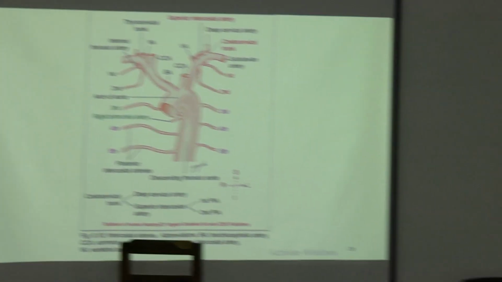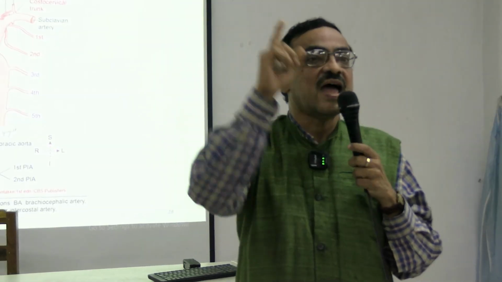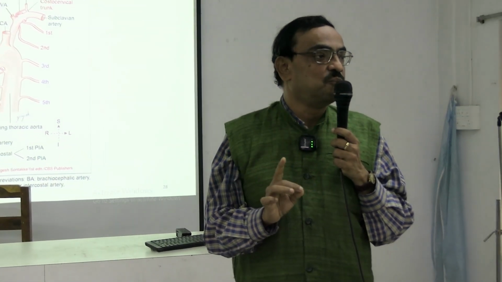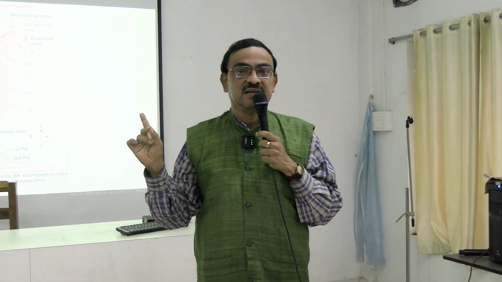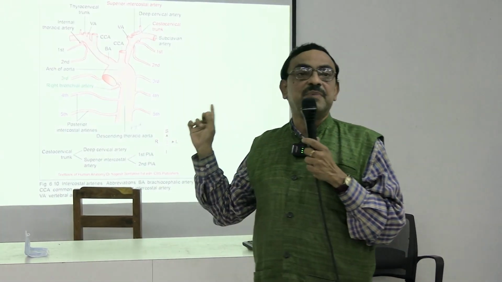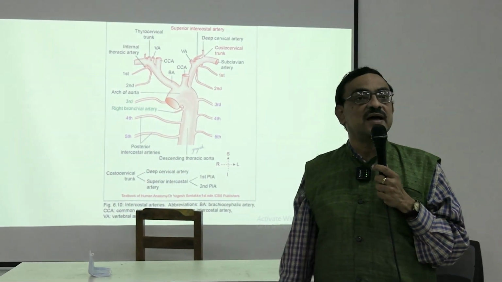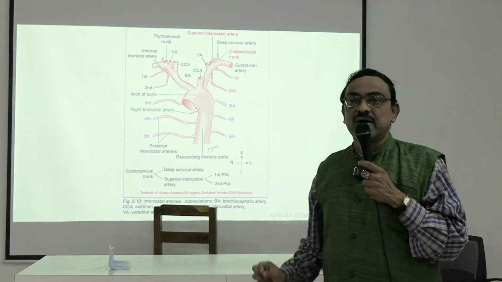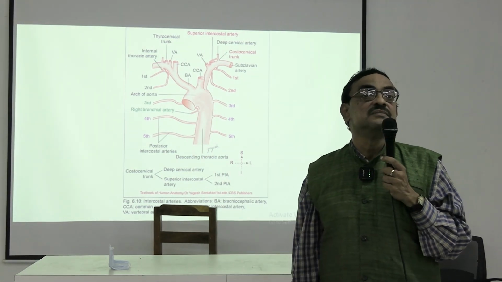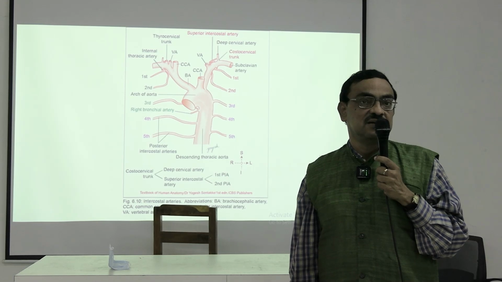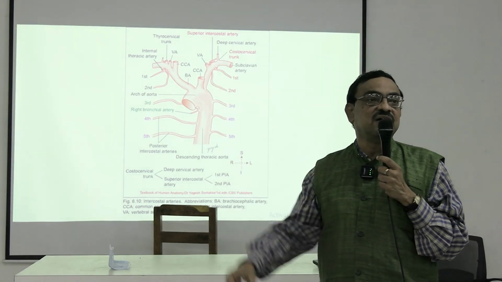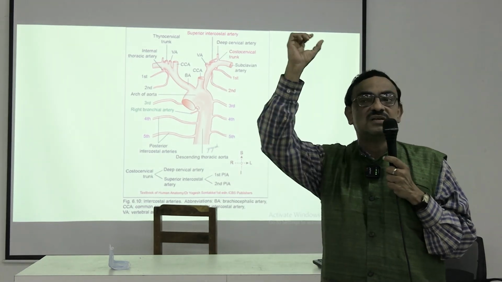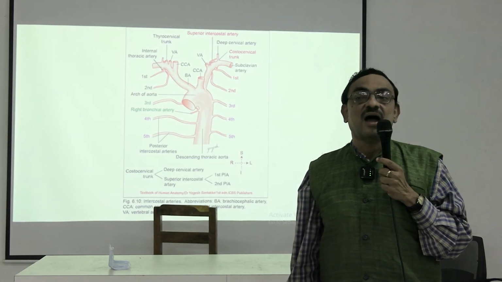So the take home message is the first and the second posterior intercostal arteries are branches of costocervical trunk, which is again a branch from the first or the second part of the subclavian artery. On the left side, the subclavian artery is a direct branch from the arch of aorta.